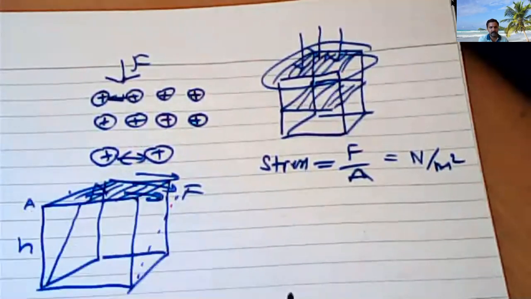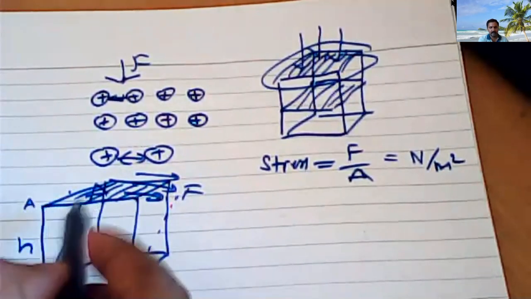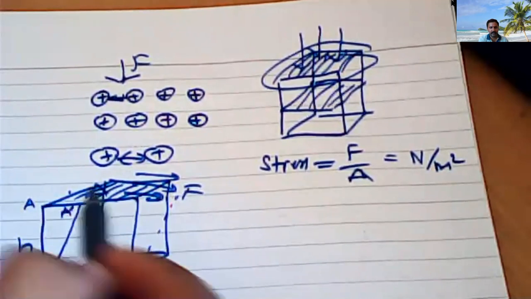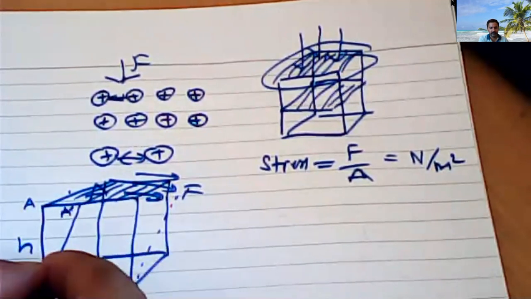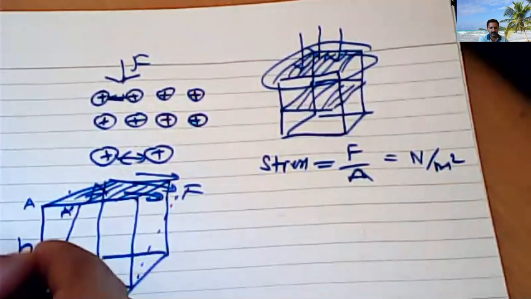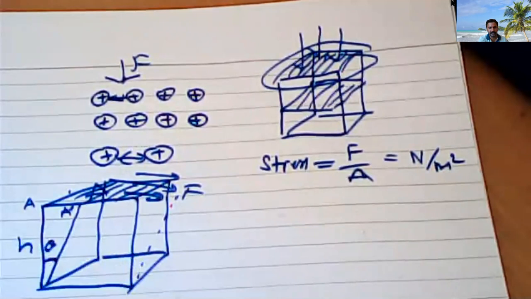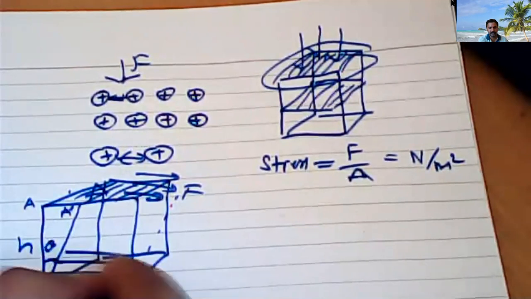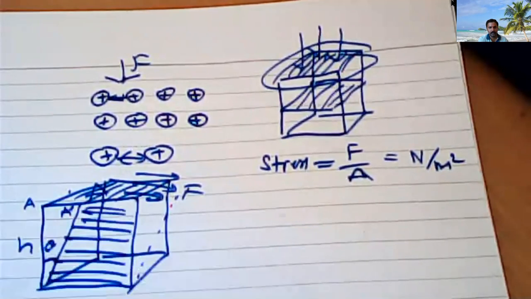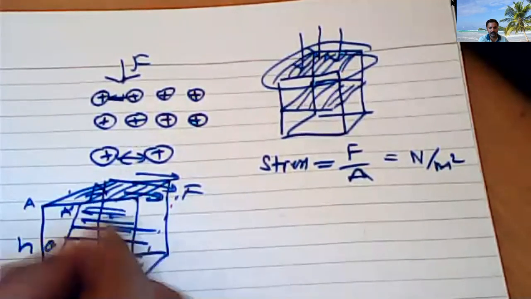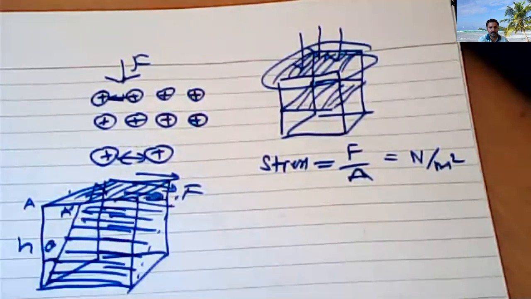If A is the initial point, this A will be displaced to A dash. So this cube will be tilting with an angle theta, meaning this face will be tilting with an angle theta. Each layer of this cube will be sliding one over the other.